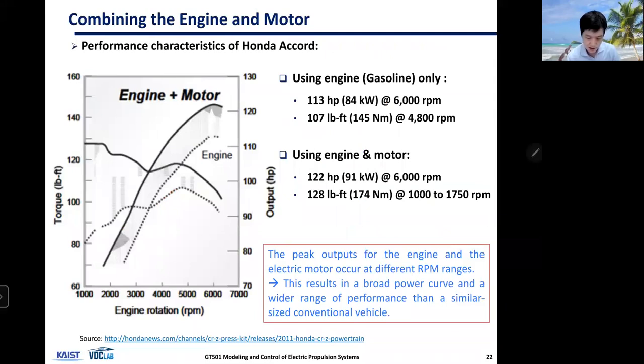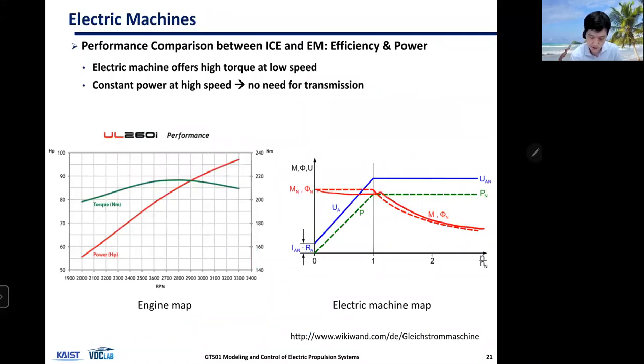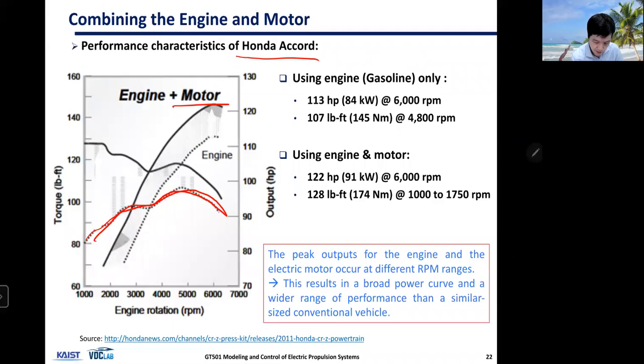So if you combine engine with a motor, then you get something interesting, torque and power line. So this is an example for I think Honda Accord, and engine has this flat, or higher torque towards high speed, maximum torque line, and if you add electric motor on top of that, which looks like this, right, then you will end up with maximum torque line something like this.